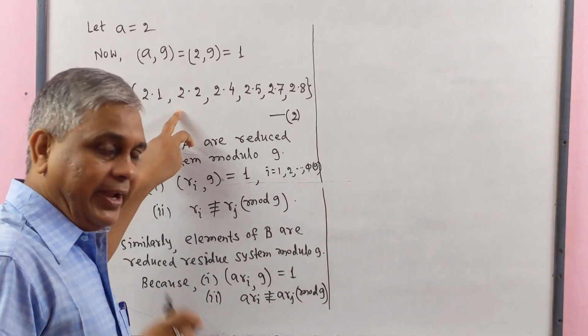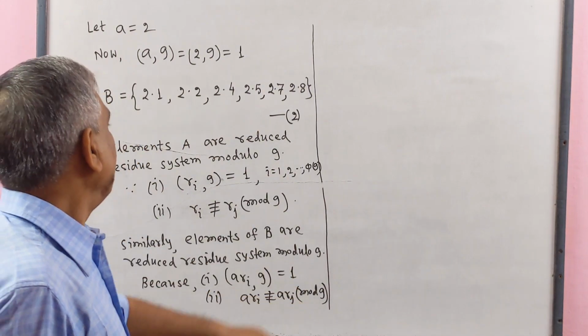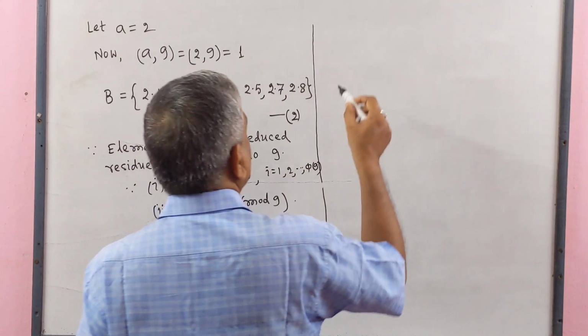If we divide each element of B by 9, we get remainders.